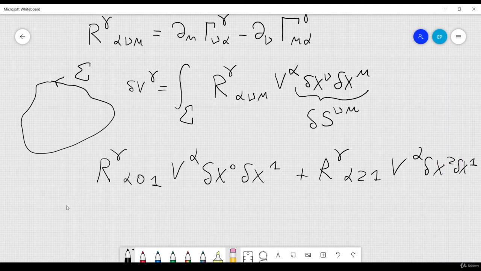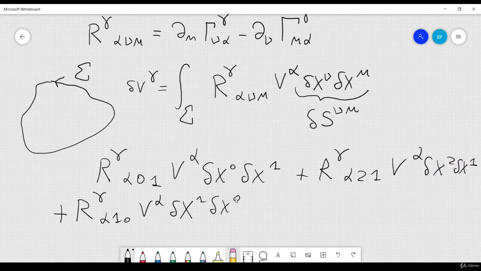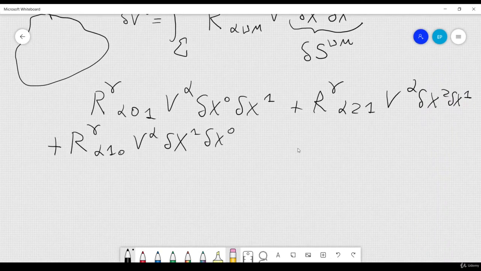But we have to be careful because, for example, we cannot have R^γ_α,10 v^α δx^0 δx^1 δx^0 without reinterpreting these two here, because δx^0 times δx^1 is equal to δx^1 times δx^0.